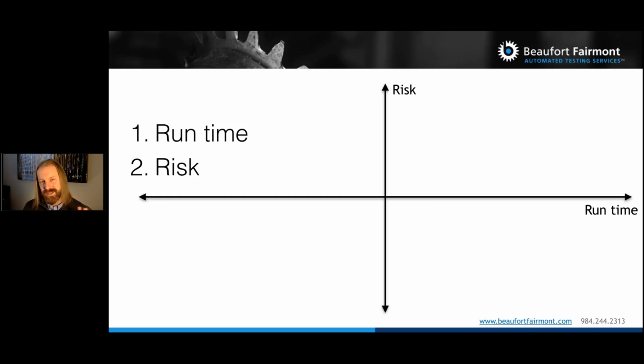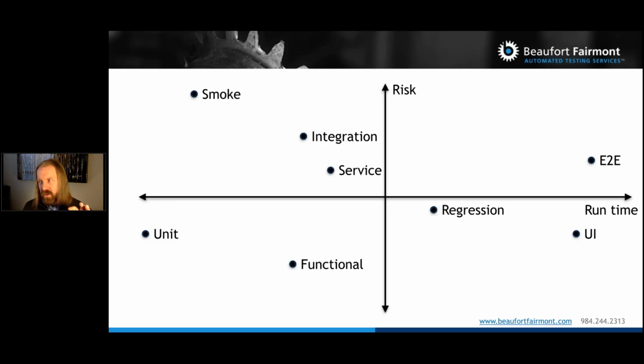So what I've done is taken the types of tests on the last slide and mapped them to this chart. And the way that I'm thinking through this is a hypothetical application, okay? This is not the same as the way that your application is, but in some cases, maybe this is true, okay? So I would not say that in all cases, all E2E tests have higher runtime and kind of medium level risk.